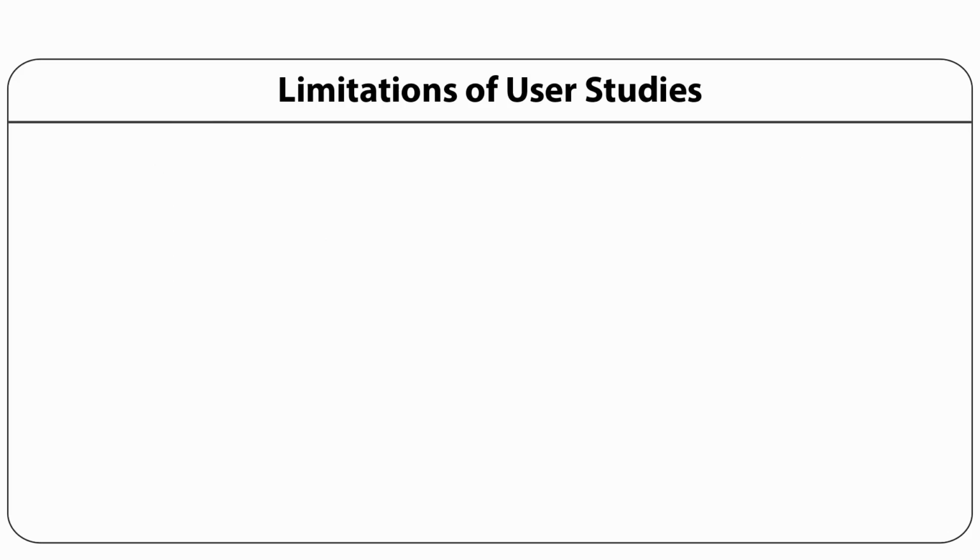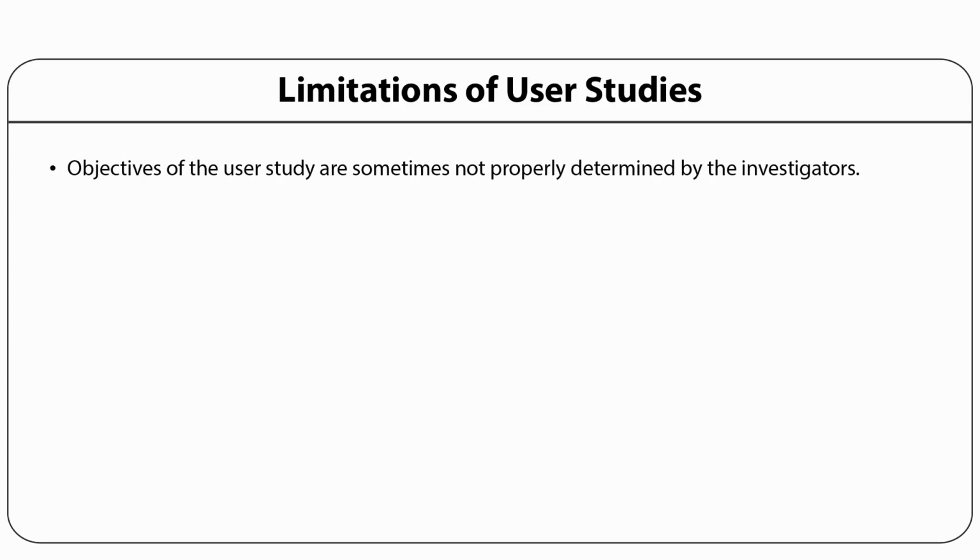But despite all this, we do find that there are some limitations of user studies as well. These limitations must be recognized and taken care of, so that the ultimate objectives of user studies are met. But limitations do creep into user studies because sometimes the objectives are not properly determined by the investigators.